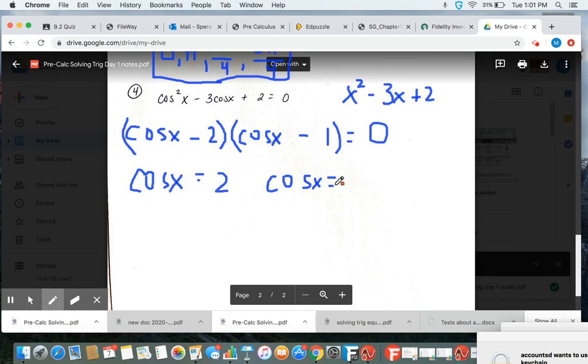And then after you do that, now it's, well, what special angles have those values? So in this case, what special angle has a cosine, which is x, of 2? All right, and the right answer is none of them do, right? There is no special angle inside our unit circle with radius 1 that would give us an x value of 2. All right, so you would just ignore that.